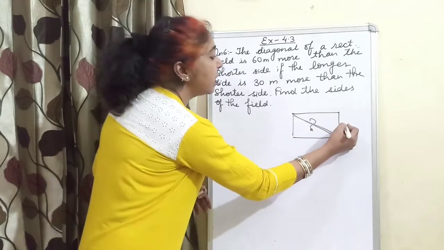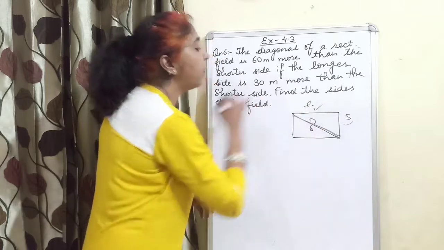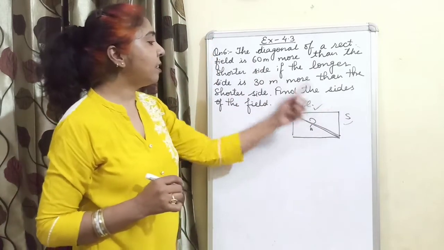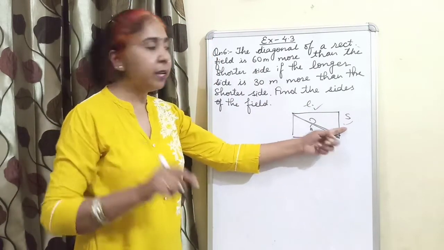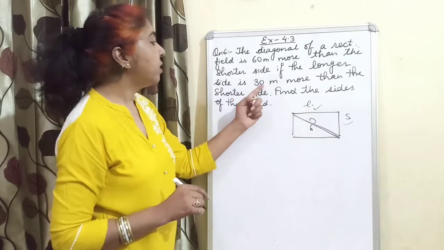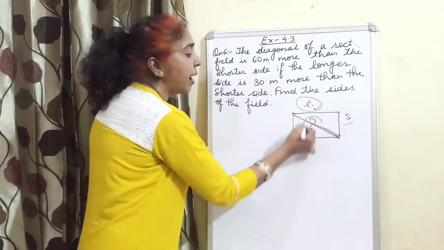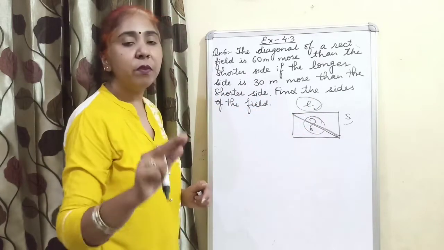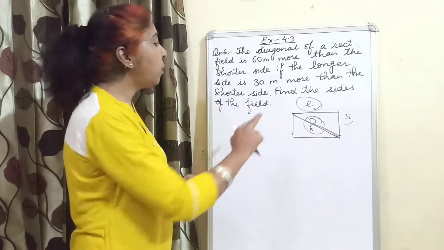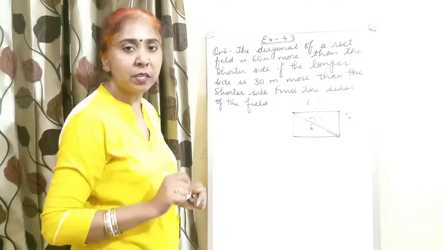So let us suppose this is the shorter side and this is the larger side. The diagonal is 60 meter more than the shorter side, and the longer side is 30 meter more than the shorter side. So the relation of the larger side and the diagonal are both given with the shorter side. We have to find the sides of the field, meaning the larger and the smaller side.